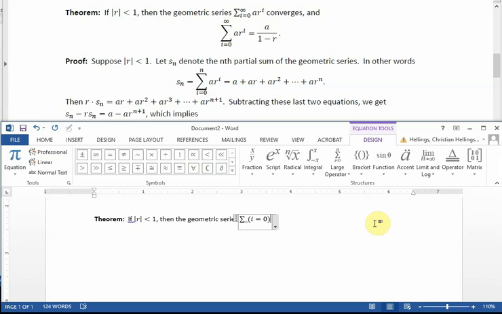Those parentheses will disappear in just a second, and now caret for the superscript, and I want an infinity symbol, and backslash infty is how we create that.